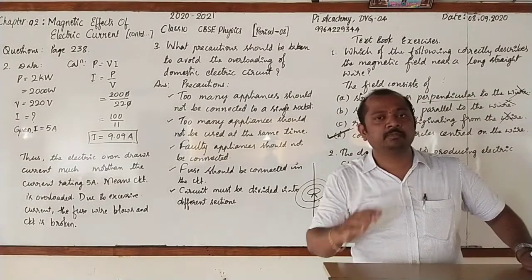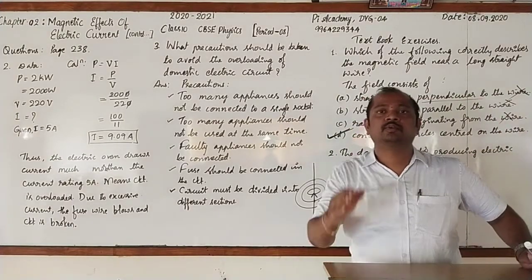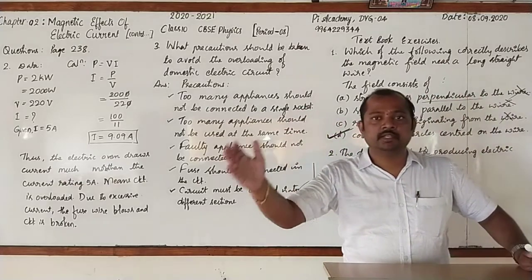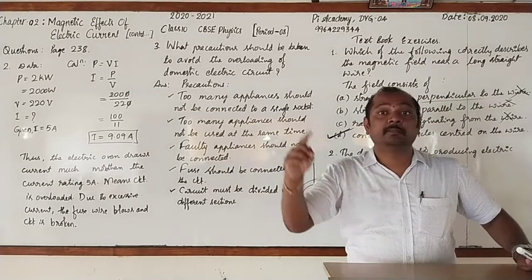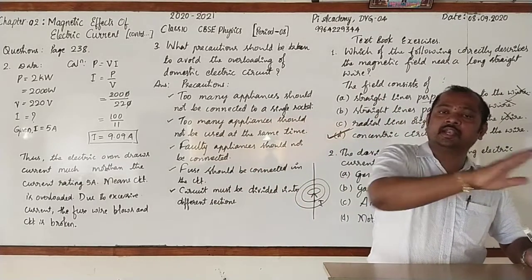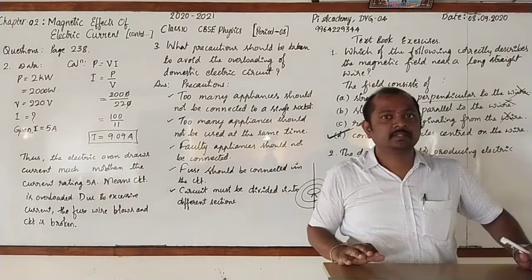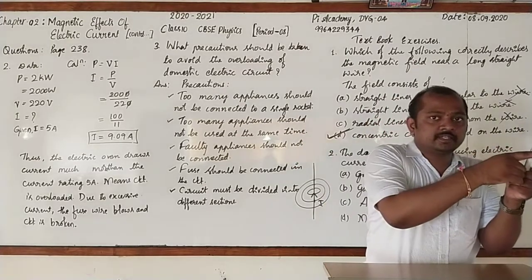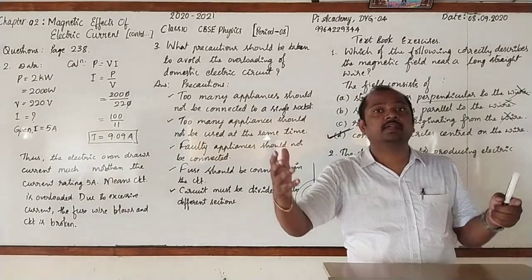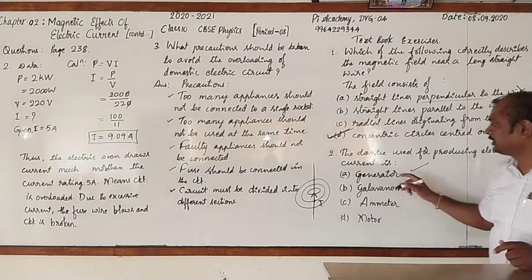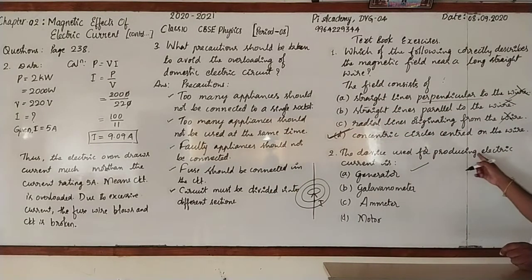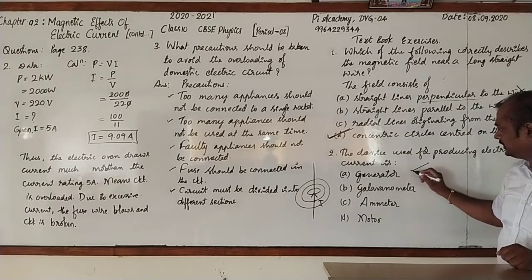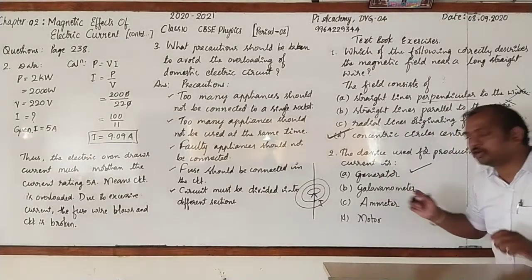It is nothing but dynamo. It is a device which converts mechanical energy into electrical energy. See that? Electrical energy is produced by using mechanical energy. So can we say that it is the device used for producing electric current? Yes, it may be. Let us come to know that after recalling this.